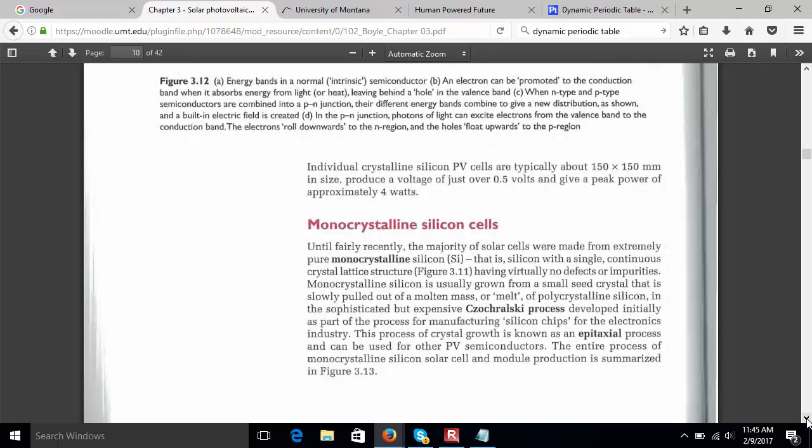So in a monocrystalline cell, you just got one giant single crystal of silicon. And the Czochralski process, we'll see that here in a little bit, as well as the epitaxial process, is responsible for single crystal silicon.